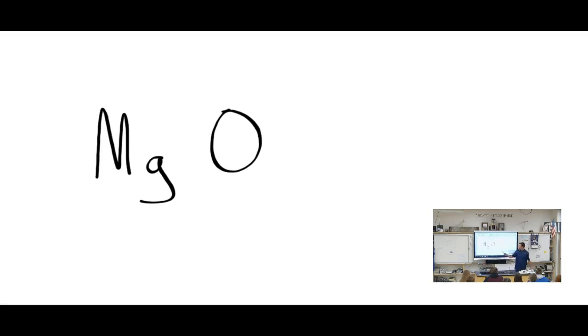Okay, so simply I'm taking magnesium, and it's a metal, right? So the magnesium is currently losing electrons and giving it where? To oxygen. To form what? MgO, right? The MgO is right there now.